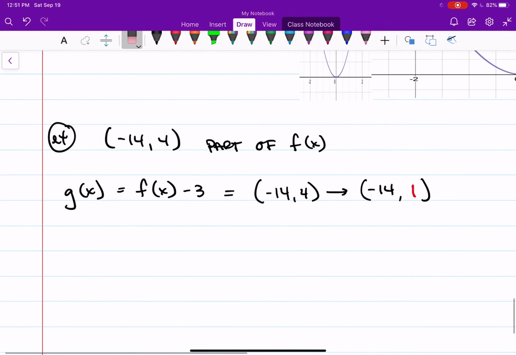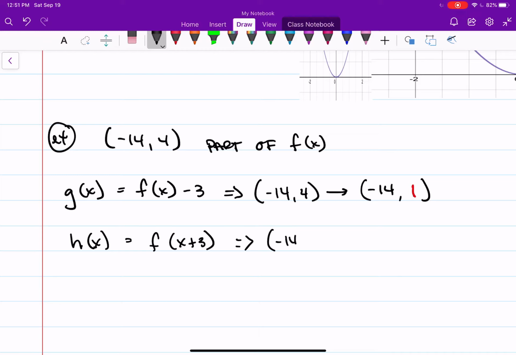All right, so let's keep on going. Let's say find h of x is f of x plus 3. So you take the negative 14, 4, and that's going to turn into negative 11, 4. Again, what was I asked to do? Take the x value, add 3.